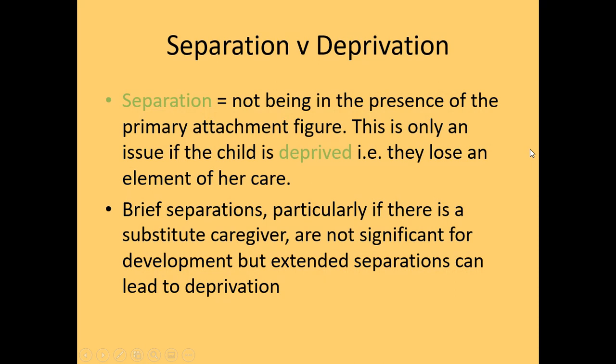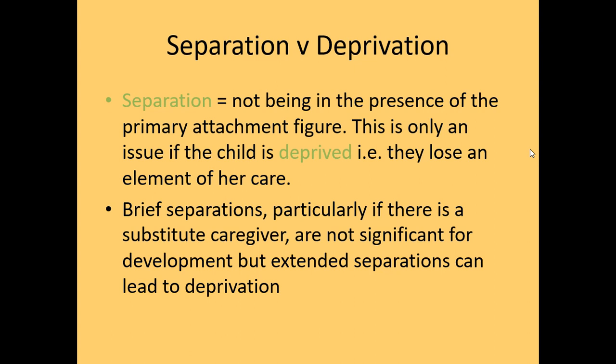There is a difference here between separation and deprivation. Sometimes we're separated from our attachment giver or primary attachment figure. Separation is just when we're not in their presence, so if you leave a child at nursery, that would be separation. Deprivation is different: it's when you lose an element of care.